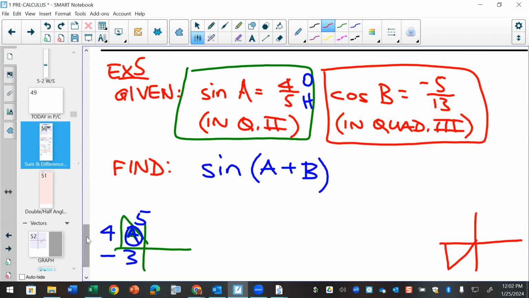And where do I put those two sides? Okay, so adjacent is -5 and hypotenuse 13. Triples. -12. And it is negative because it's going down. Okay, good.